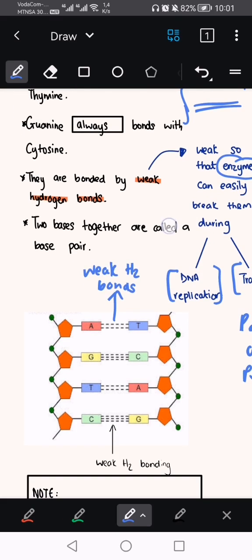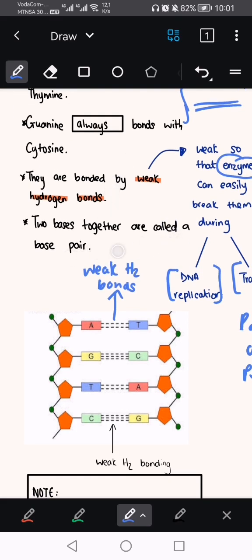Now, 2 bases together are called a base pair, right? So A and T together are called a base pair, but because they always bond with each other, we say it is a complementary base pair, right? What does it mean when we say it's a complementary base pair? All we are saying, the grade 12s, is that it can only bond with that specific nitrogenous base.